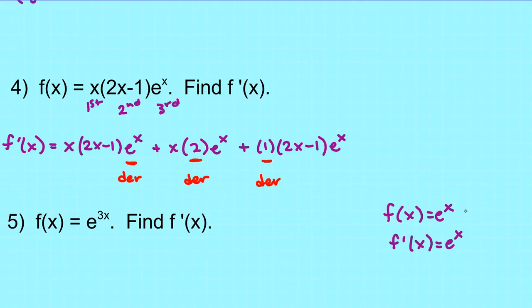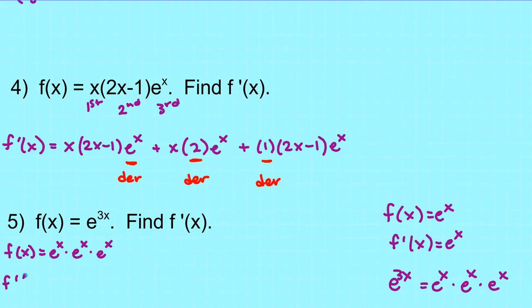So keep in mind that e to the 3x means e to the x times e to the x times e to the x. You add the exponents, x plus x plus x is 3x. So I can think of this as a product of 3 factors and use the extended product rule to find the derivative. Each time I'm going to have the derivative of one of those 3.